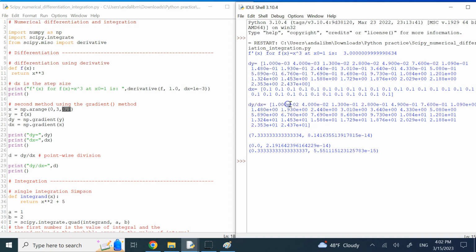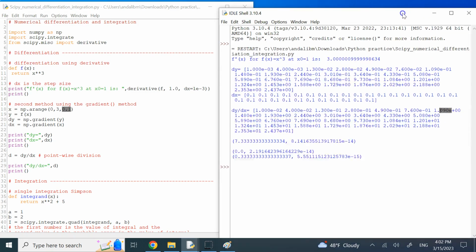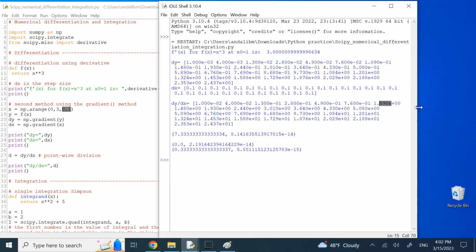So this is the derivative at 0, which is almost 0, as you can see. And then we have the other derivatives calculated at other points. This is at 0.1, this is at 0.2, 0.3, 0.4, 0.5, 0.6. Let's see if there is more, or that's it.